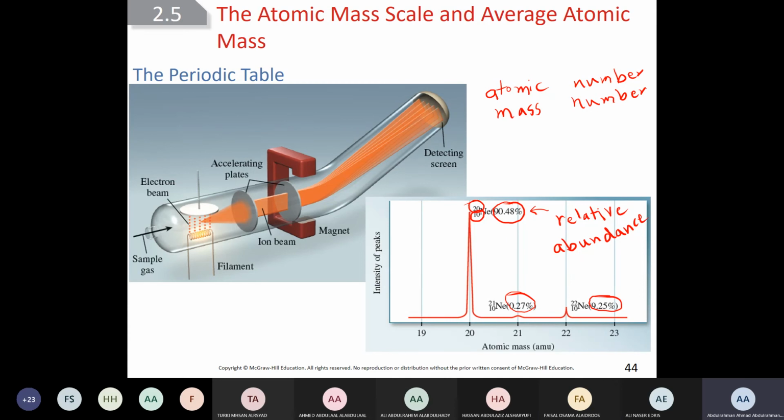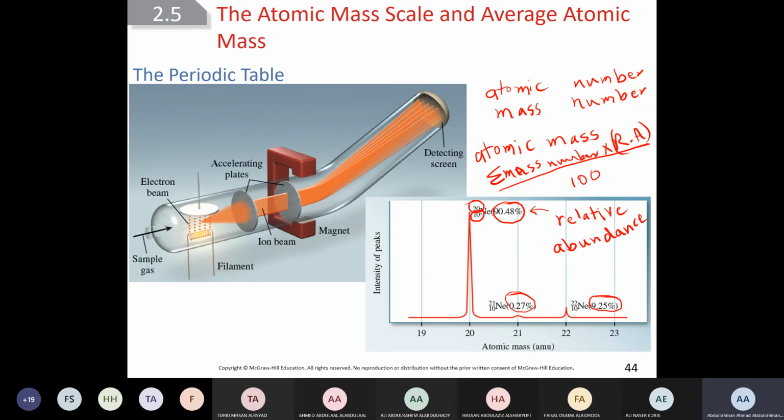Is this clear? Now, how to find the atomic mass? You multiply mass number times relative abundance. I will call it relative abundance only. You take the summation and divide by 100.